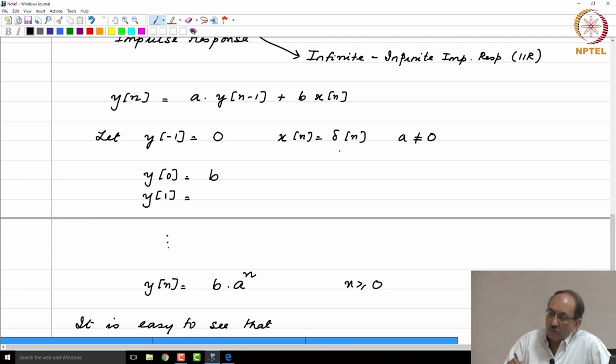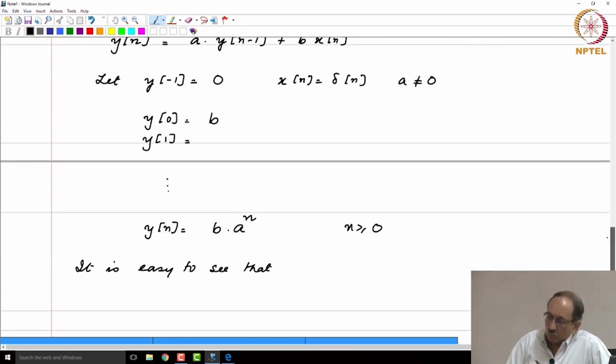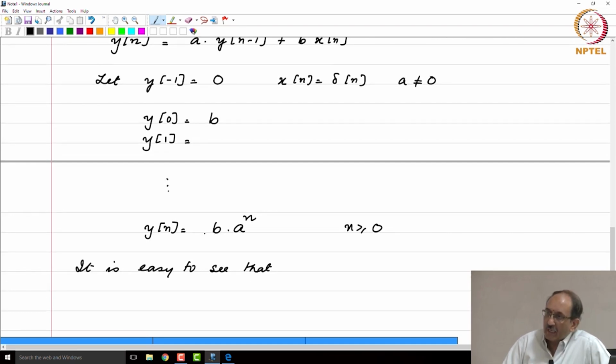So, clearly the input x of n is delta of n, which is the impulse. Therefore, y of n that we have obtained here is really not y of n, but h of n, because we always use the special notation h to denote impulse response, and this is what it is.